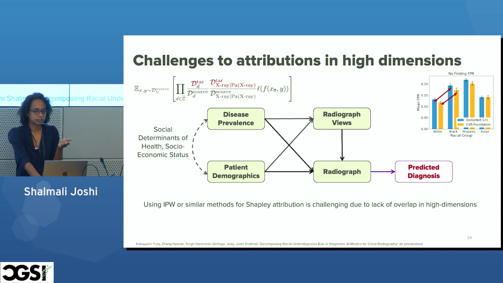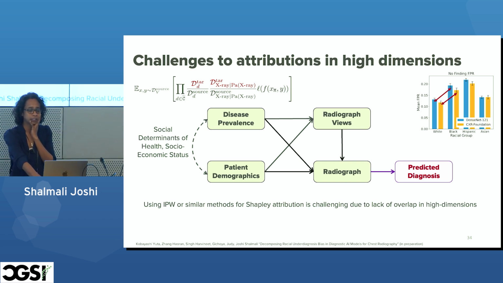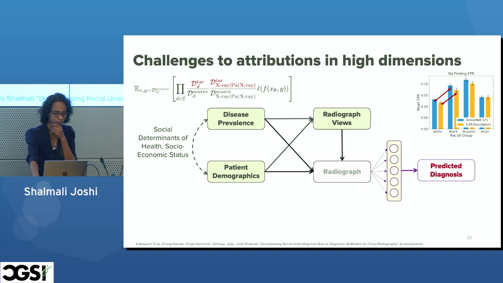If you brute force your way, and this is related to the issues of positivity and lack of overlap that were brought up by Rajesh early in the morning, it's essentially the same issue. You cannot get unbiased estimates of these expectations with samples from different distributions in high dimensions because you cannot expect this kind of statistical overlap to hold.